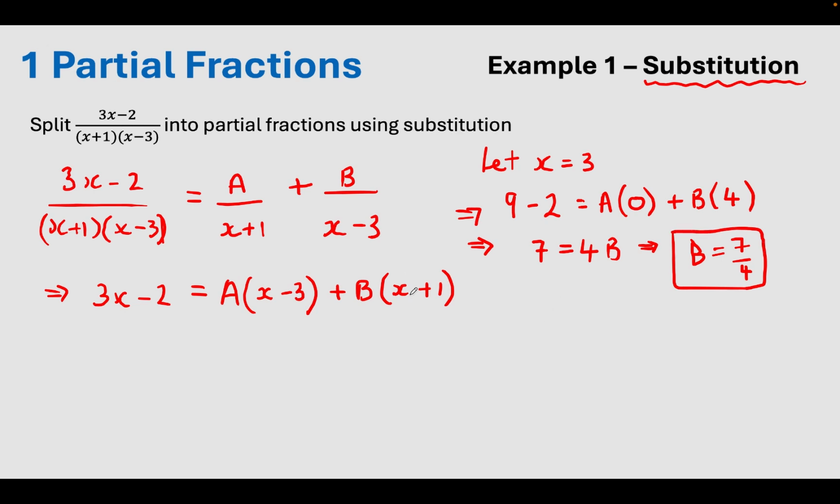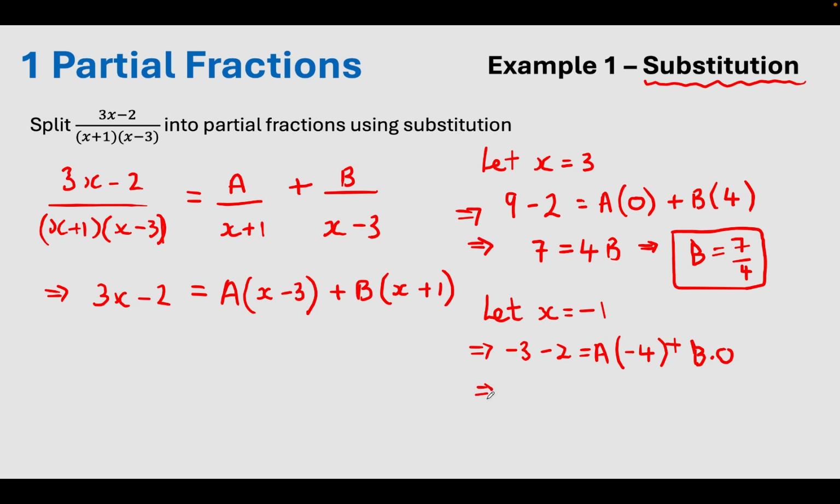Now, this time I want to eliminate the b constant. So I would choose x such that x plus 1 becomes 0. That will happen when x is equal to negative 1. On the left hand side, I get minus 3 minus 2 equals a multiplied by negative 4 plus b times 0.